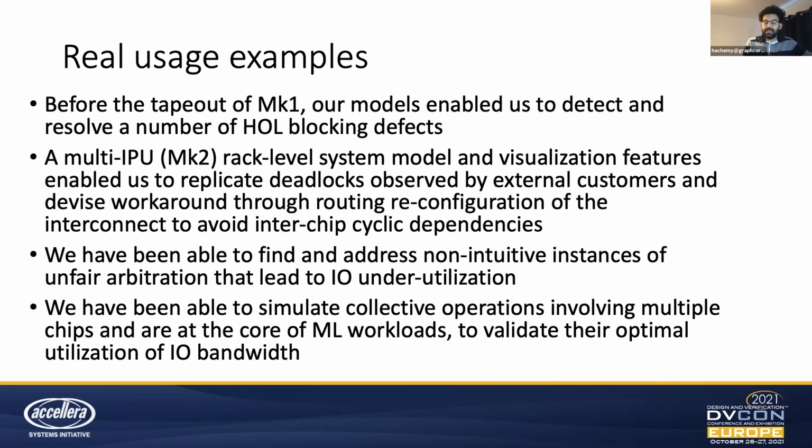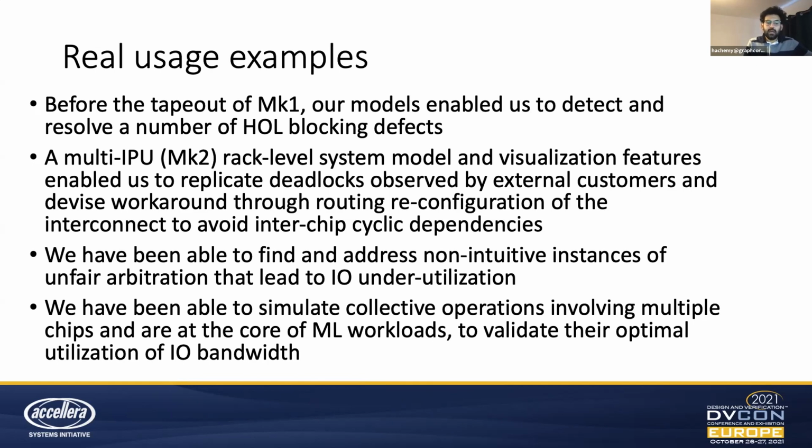This was something that wasn't detected by verification simply because they verify the single chip, but it was caught by our simulator, and then we devised a workaround through routing reconfiguration of the interconnect to avoid these dependencies, and we successfully mitigated this in-field deadlock. Which I find very useful, to be able to do this very quickly.